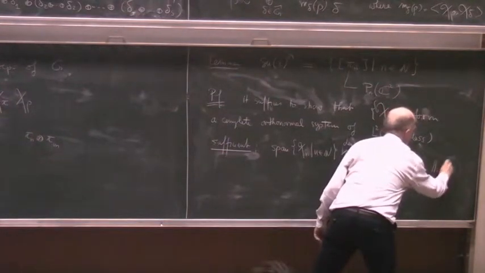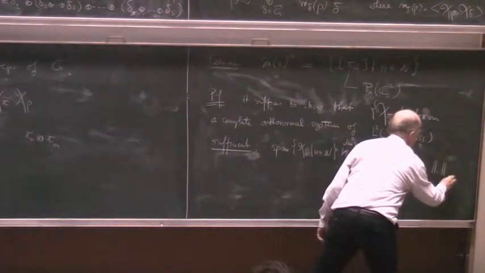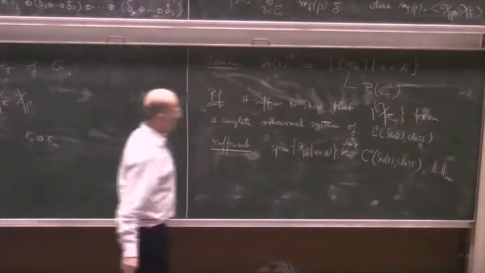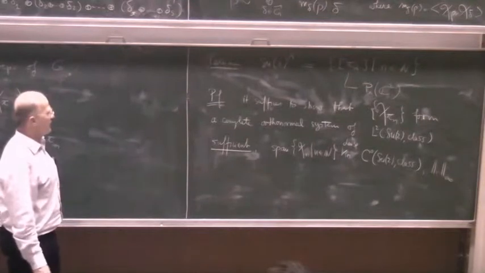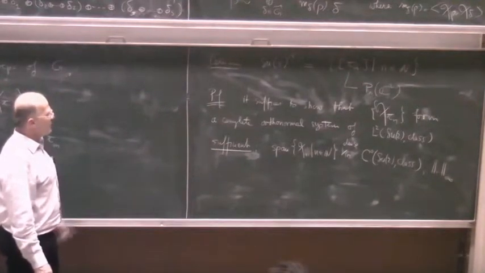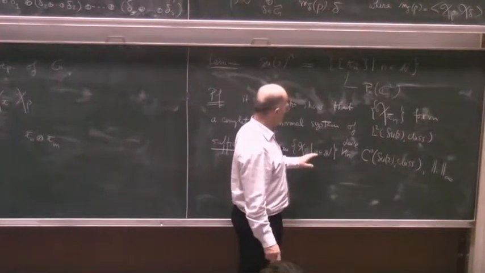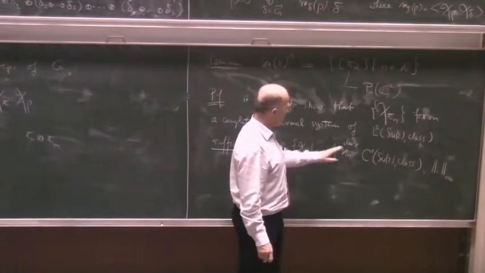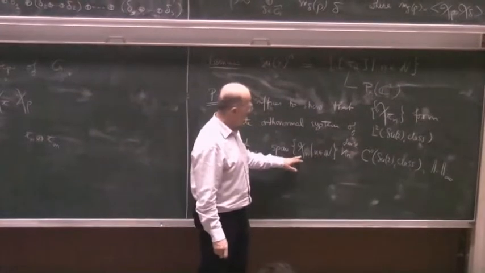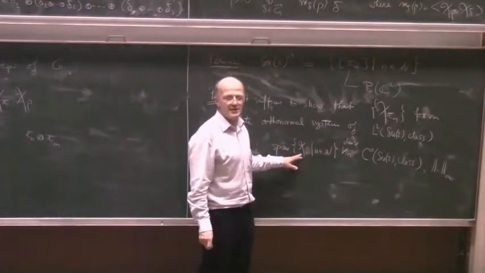So let's write the sup norm in this way. If we can prove that, then that means that every function can be approximated with respect to the sup norm by finite Fourier series.